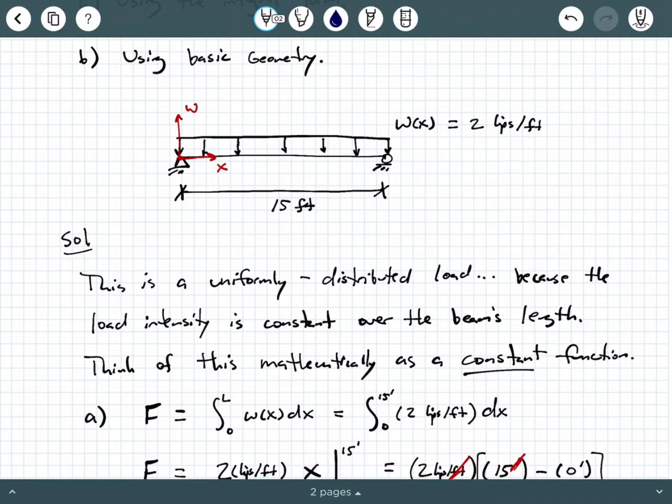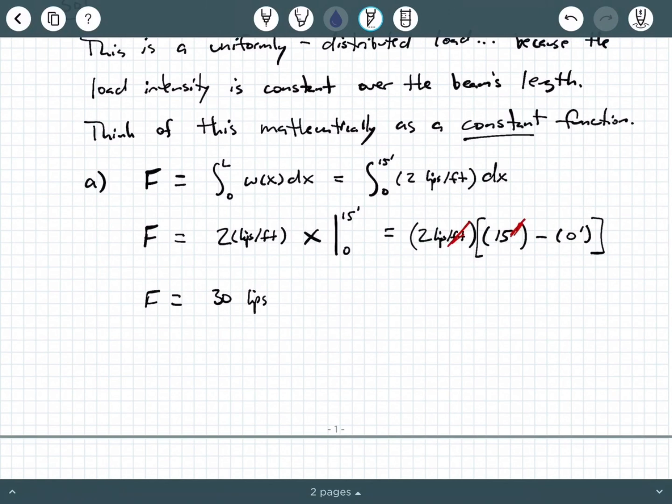Now, notice that this load is pointing down. So what I like to do is take this as positive because it's up here in the positive w axis. So I take this as a positive 2 when I'm looking at my integral.